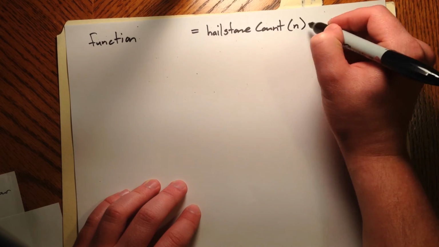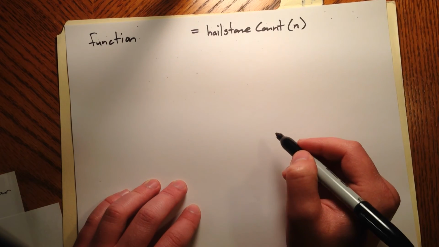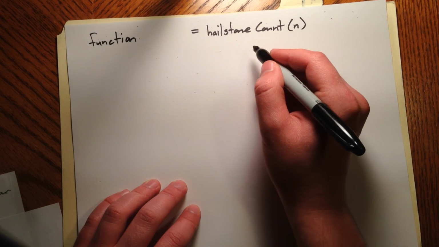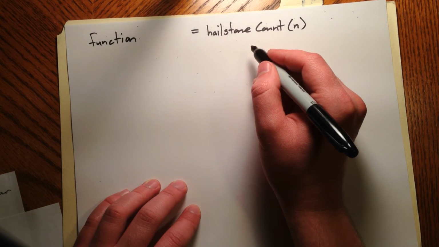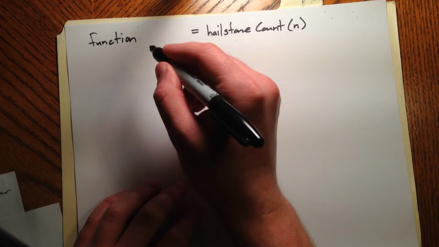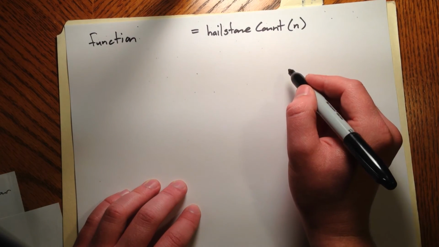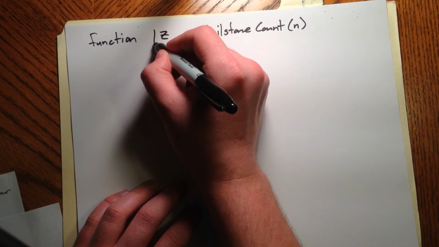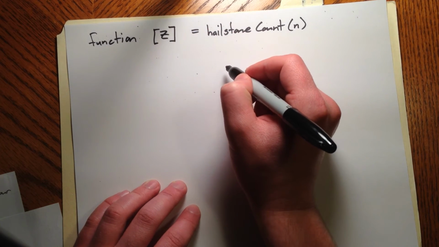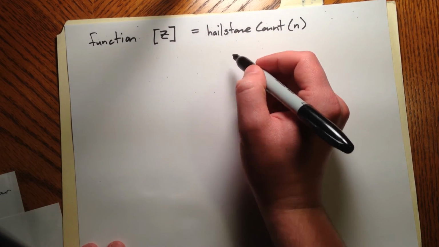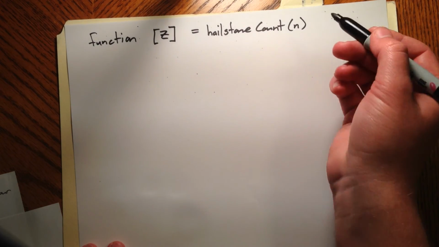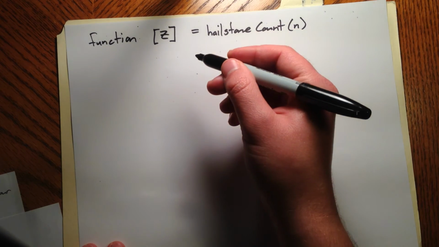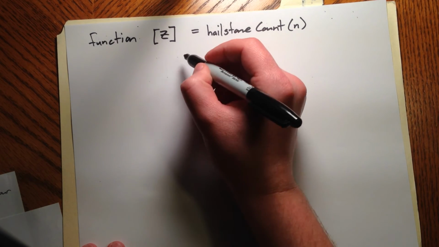Let's just call it n. Something comes in, and for that number, we need to figure out the number of values in its hailstone sequence. So we're going to output one variable. Let's call that something like z. That number is going to have at least 1, which would be our smallest length.